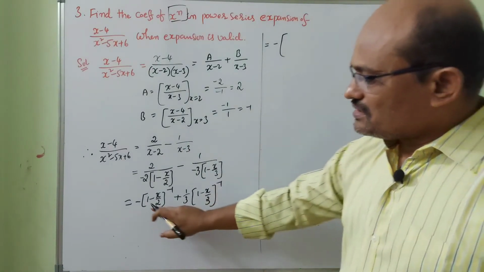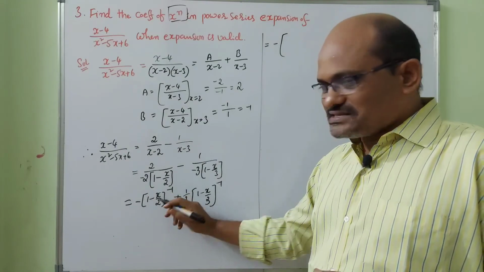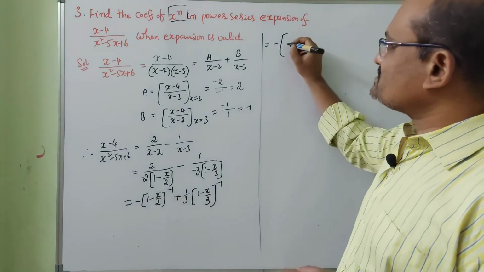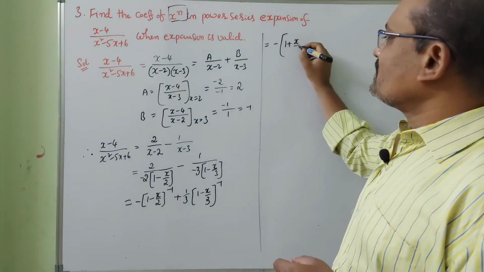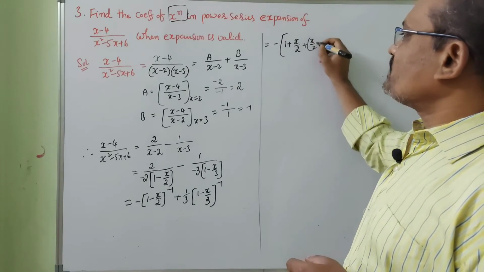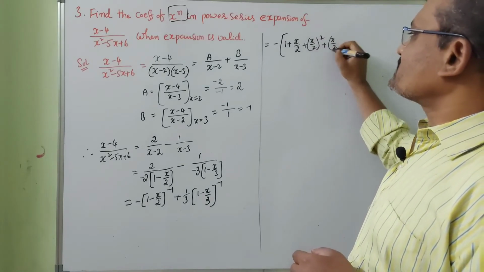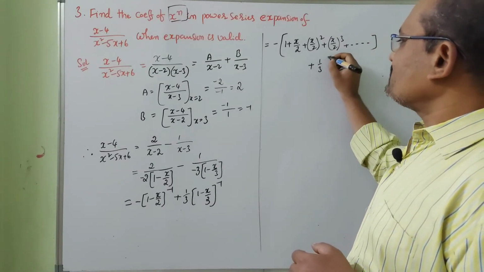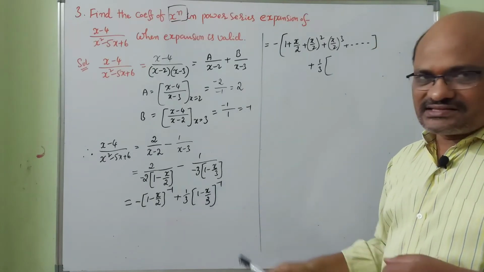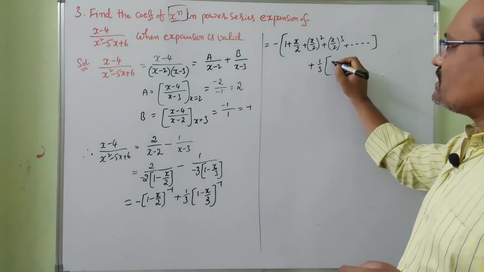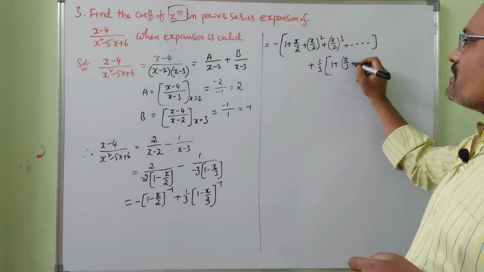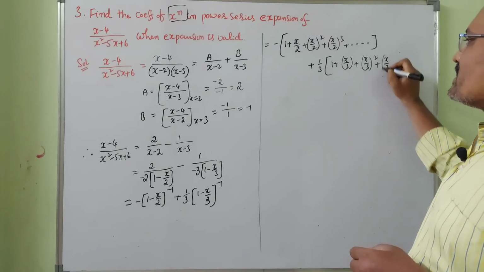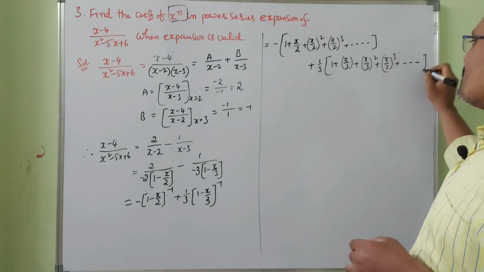Now for the expansions, just take x by 2 as x and write the expansion. 1 minus x by 2 power minus 1 expansion is 1 plus x by 2 plus (x by 2) whole square plus (x by 2) whole cube plus so on, plus 1 by 3 into, now expand this in a similar manner, you will get 1 plus x by 3 plus (x by 3) whole square plus (x by 3) whole cube plus so on.